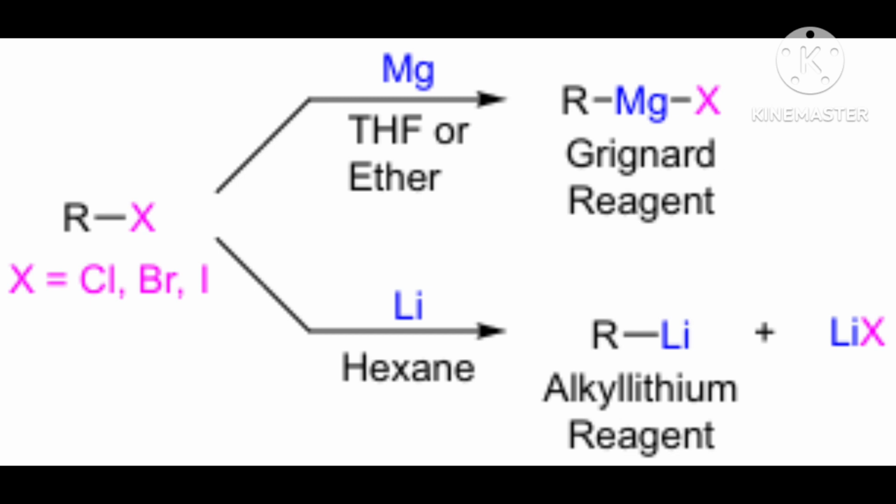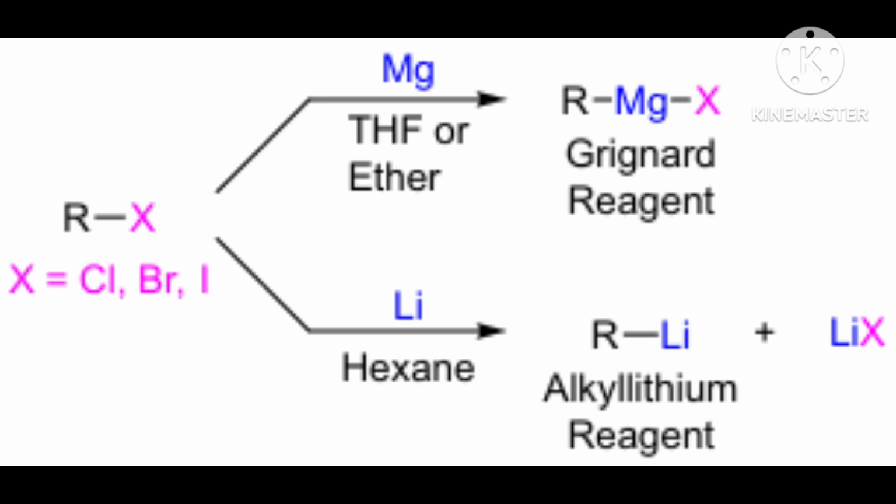In the Grignard reagent, the carbon-magnesium bond is a covalent bond, but highly polar. You remember this. Why is it polar? Because magnesium is electropositive, correct? And when it is electropositive, it will create charge.